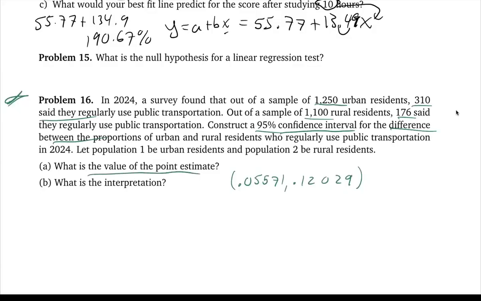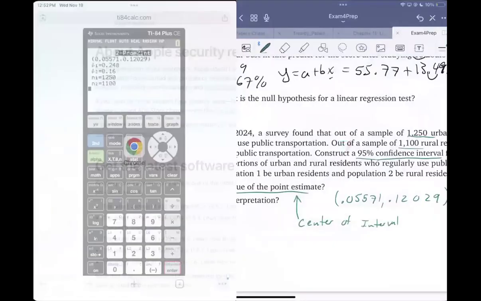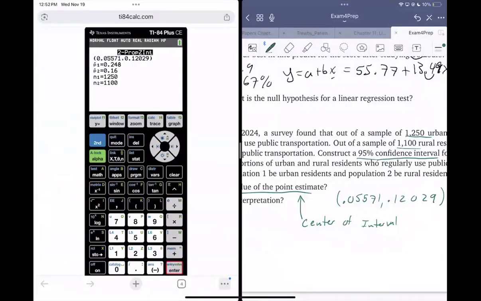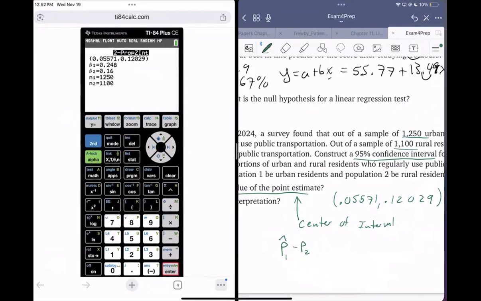All right, what is the point estimate? The point estimate is always, always, always the center of the interval. So what is the center of these two numbers? Does the calculator just give it to me? Let's see. The calculator does not. Well, it kind of does. So I'm looking at P1 hat minus P2 hat.